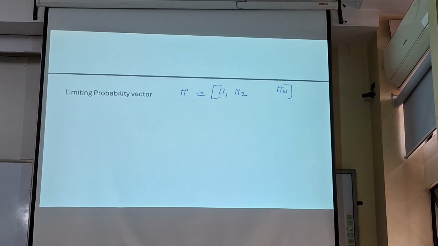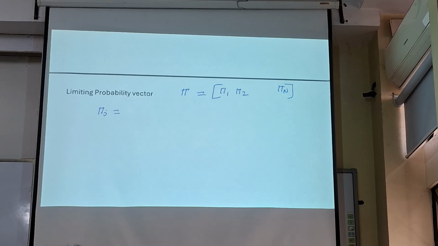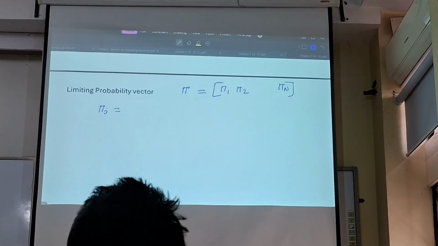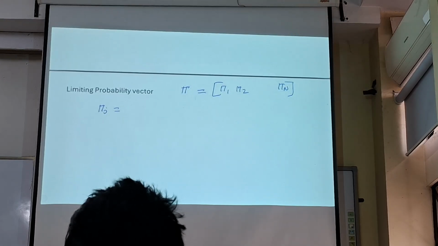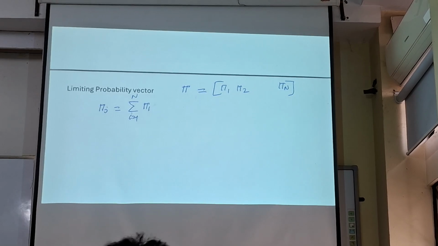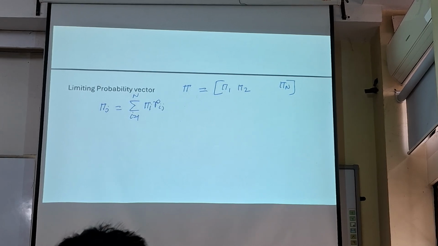By solving the system of linear equations, which is pi j equal to, any volunteer? For all states i equal to 1 to n, pi i times the probability of transition from i to j.